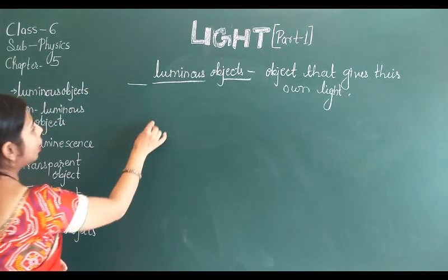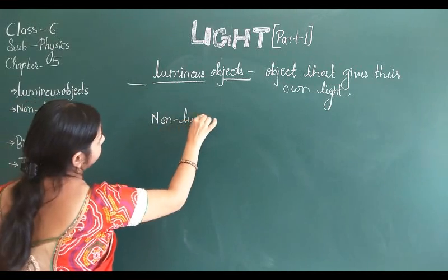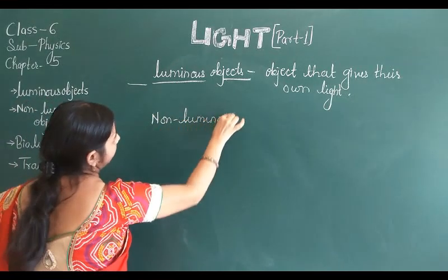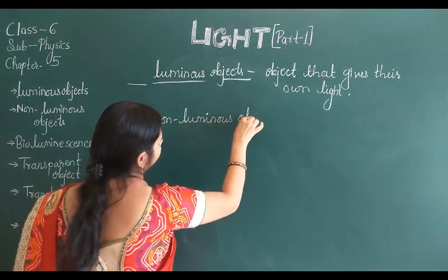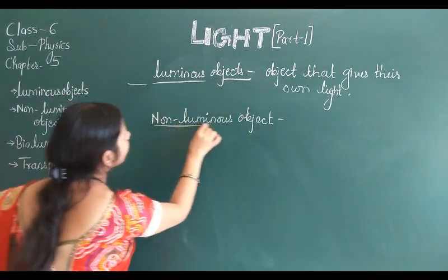And second is the non-luminous object. This non-luminous object is just the opposite of the luminous object.